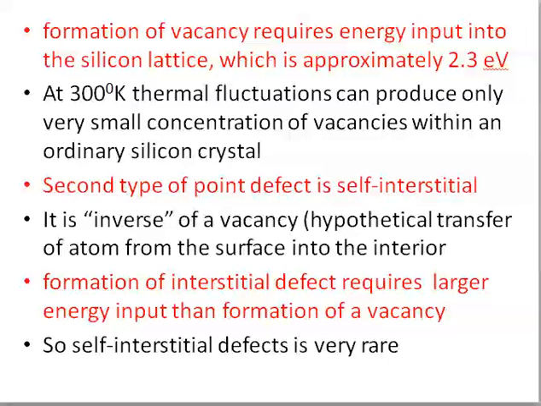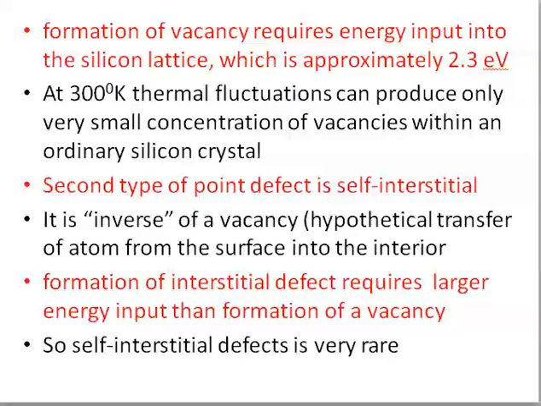In terms of semiconductor materials, 2.3 electron volts is a big energy. In general terms, 1 electron volt is equal to 1.6 times 10 to the power minus 19 joule, which is very, very small. But in this case, it is significant.